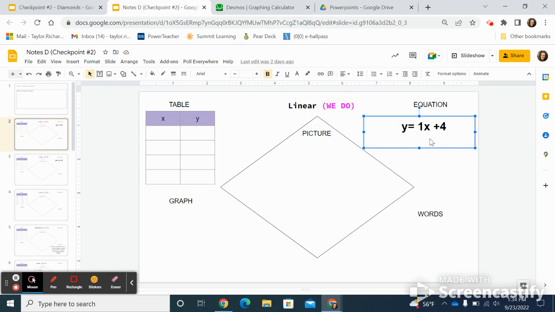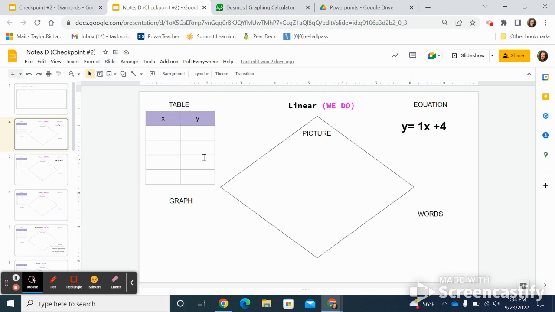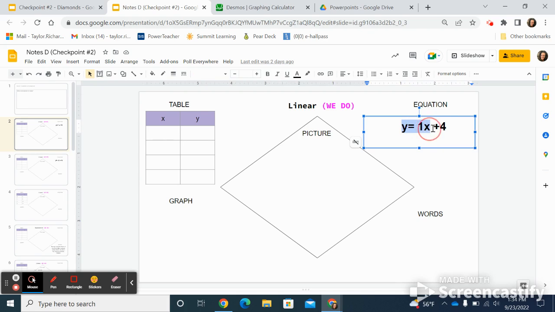So I think I'm going to start first by taking this equation and putting it into the table. So I'm going to show you how to make a table from an equation. First things first, we are always going to have our starting value first. So you have to ask yourself and think about checkpoint 1. When you look at this equation, what number is my starting value?